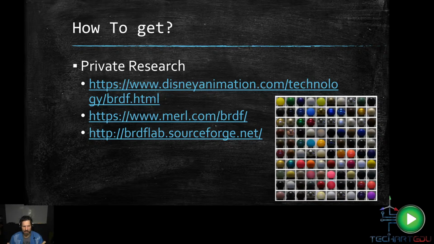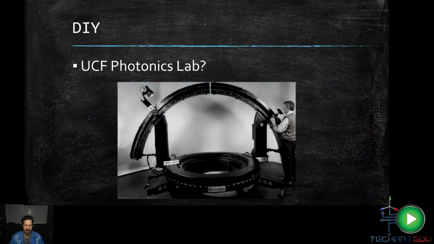Now, if you really had the resources and you found some kind of crazy material that came from a meteorite from the dog star somewhere along the way, and you wanted to test that, you would use an apparatus that looks kind of like this critter. They put the material they want to check out inside the center of the big donut there, and then they have this big arch right over it. The arch has a light source and a sensor, and they point at the object and test as the light source moves up and down around the angle.